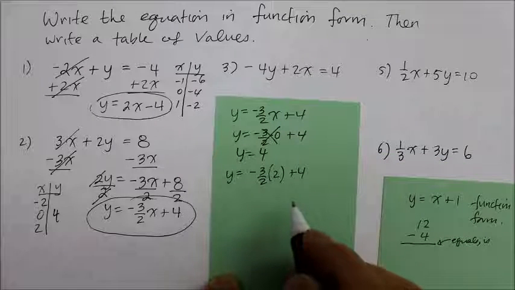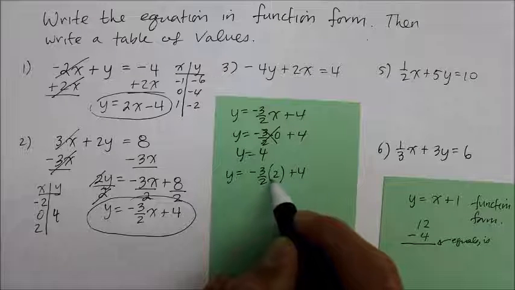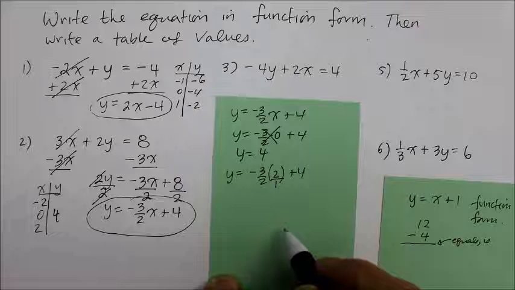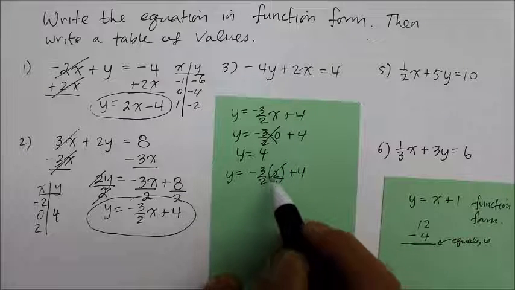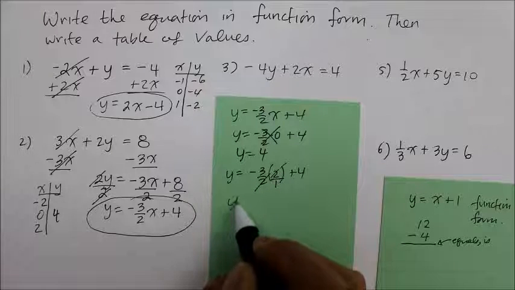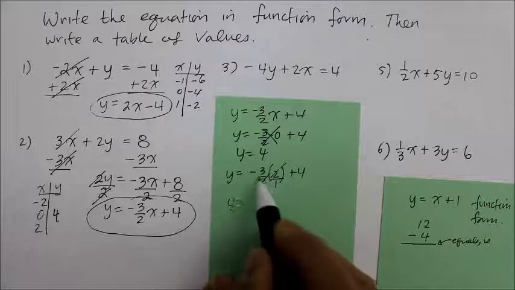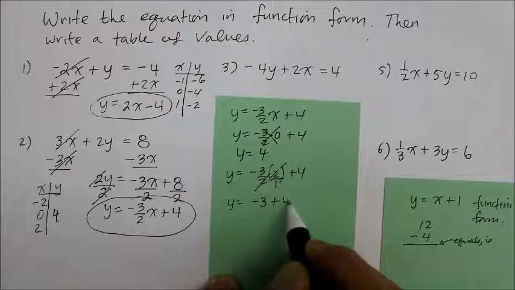Check this out. Back in elementary school, the teacher would tell you that a whole number you could always put a 1 underneath. And the word was, even though it's not technically correct, you could cross-cancel the numerator and the denominator. So all that remains with this term is negative 3 over 1, or simply negative 3, plus the 4.